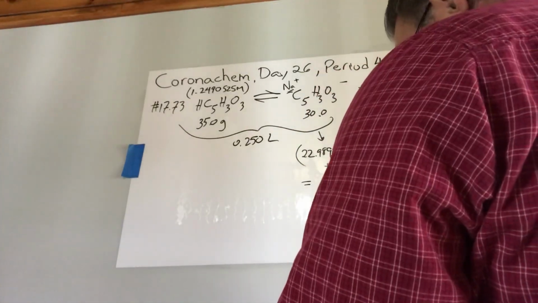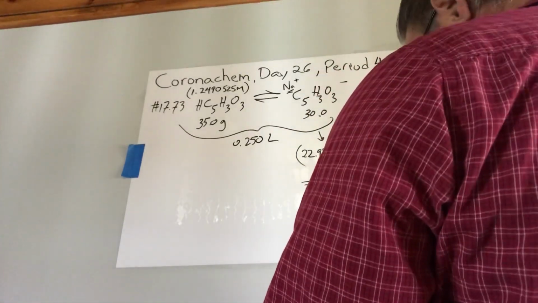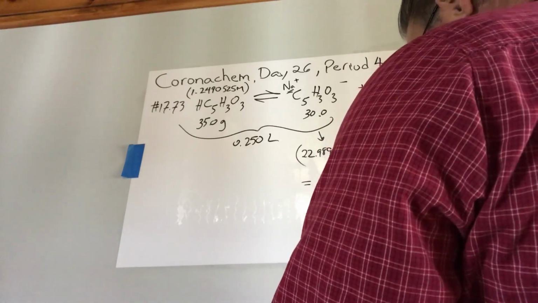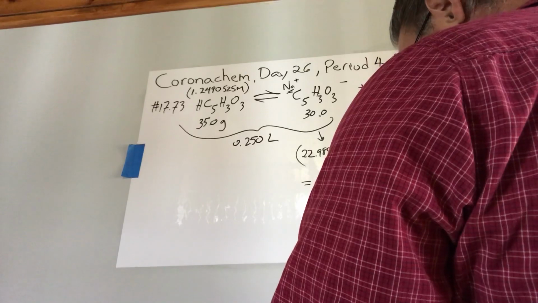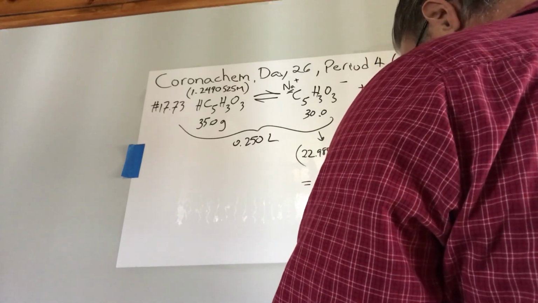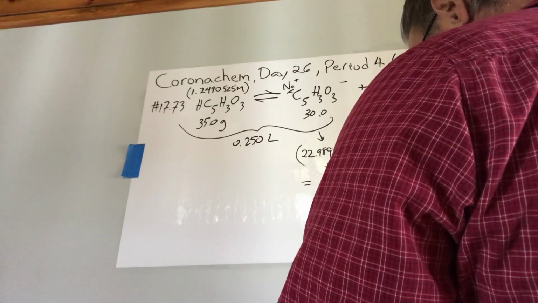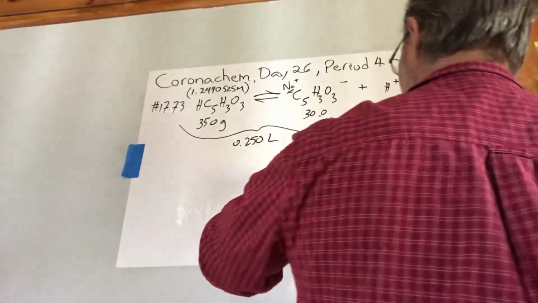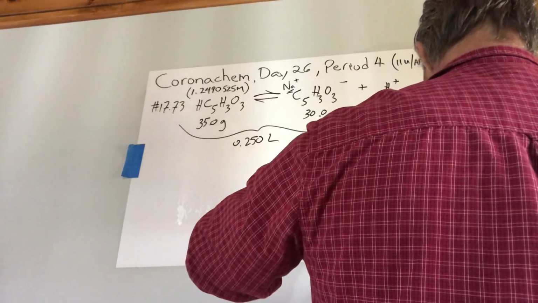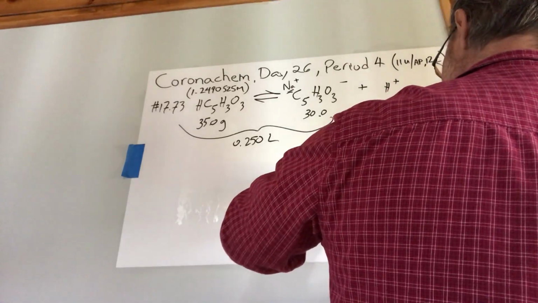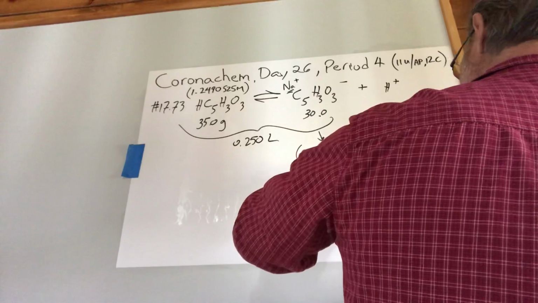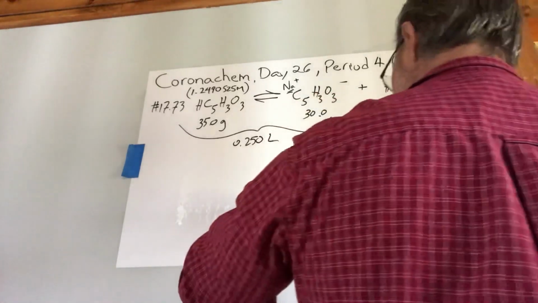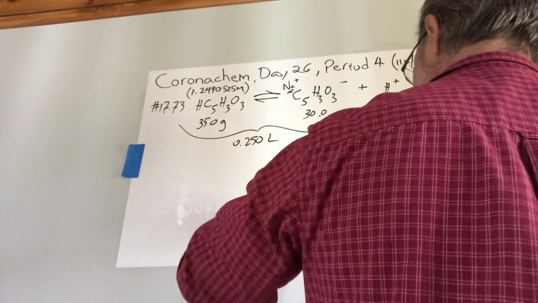So you get 22.98977 plus 5 times 12.011 plus 3 times 1.00794 plus 3 times 15.394. And what you get is 134.06679 grams per mole.